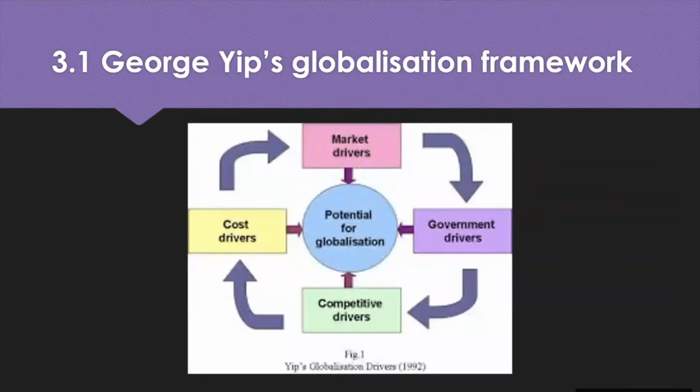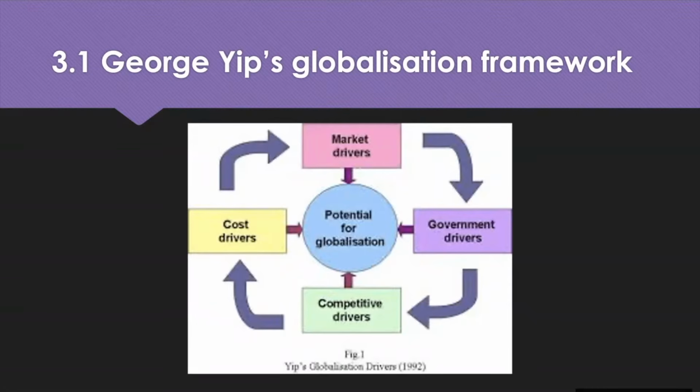There are a number of factors that drive an organisation to pursue international strategies. According to George Yip's globalisation framework, the international potential is driven by factors that are classified into 4 sections. So you've got the market drivers at the top. Market drivers could be things like homogeneous customer needs, where the customers' needs are similar or the same, global customers, and transferable marketing.